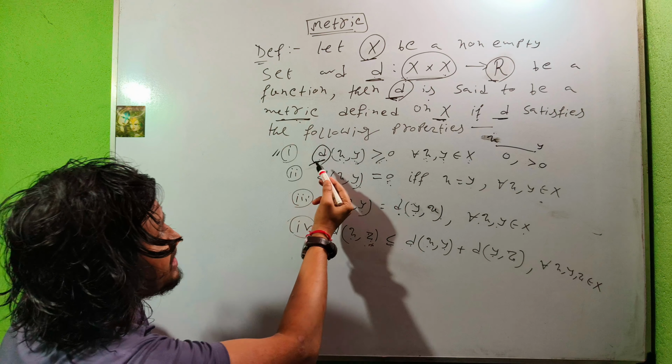That is, the distance from X to Y is equal to the distance from Y to X. So D of X comma Y is equal to D of Y comma X for all values of X, Y belongs to X.